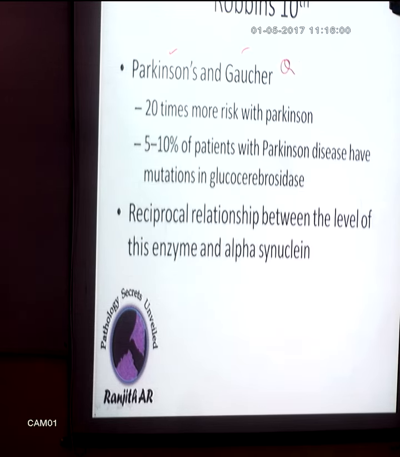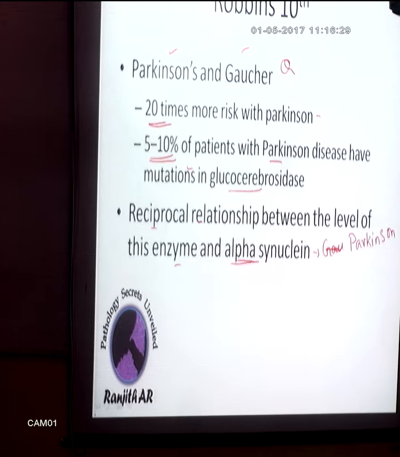Gaucher's patients have 20 times risk of Parkinson's, and 5 to 10 percent of patients of Parkinson's have mutations in the enzyme glucocerebrosidase. Good. There is a reciprocal relation between the level of the enzyme and alpha-synuclein, which is the pathogenesis of Parkinson's, right? The alpha-synuclein.